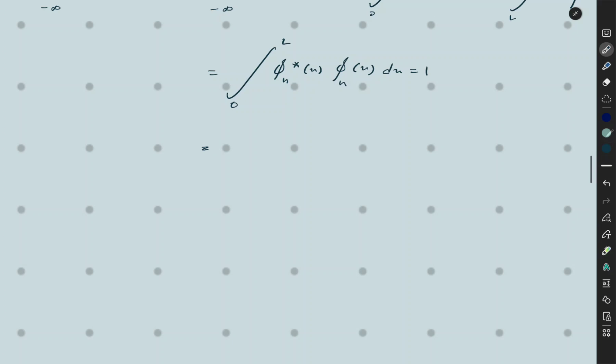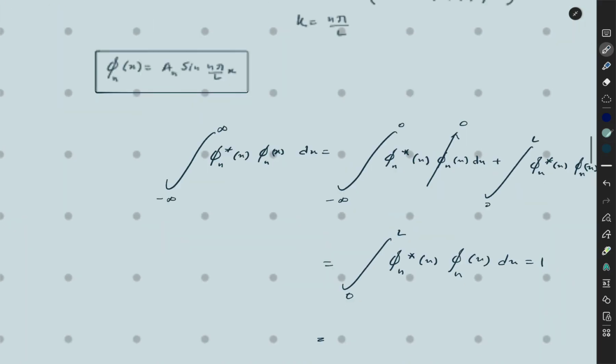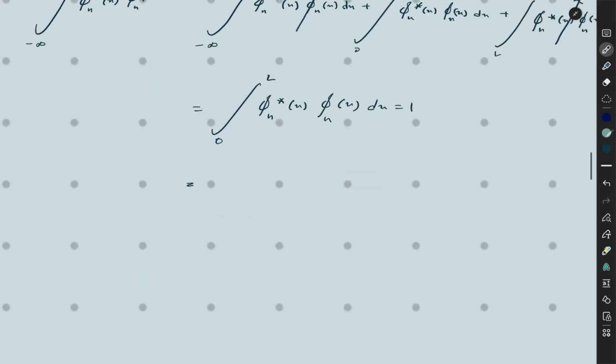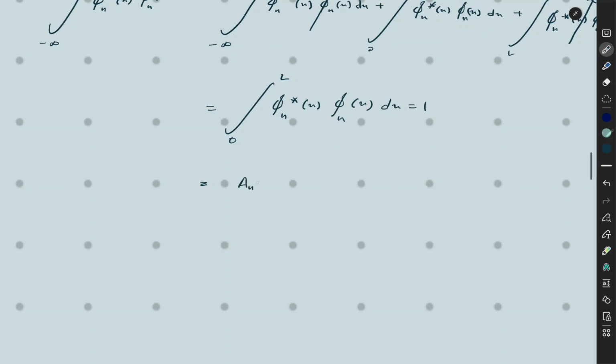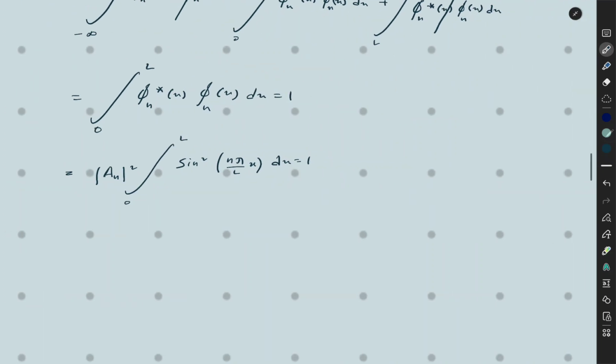So now let us see the wave function, that is A n. We will take A n whole square, integration of 0 to L, sine square of n pi by L x dx equal to 1. Now we know that sine square x equals 1 minus cos 2x by 2.